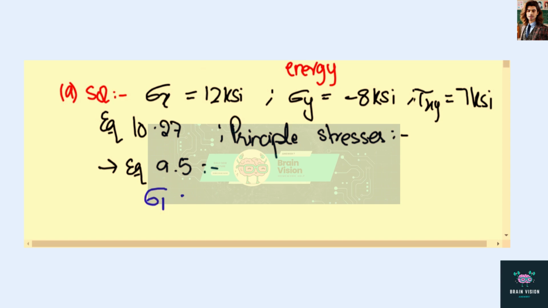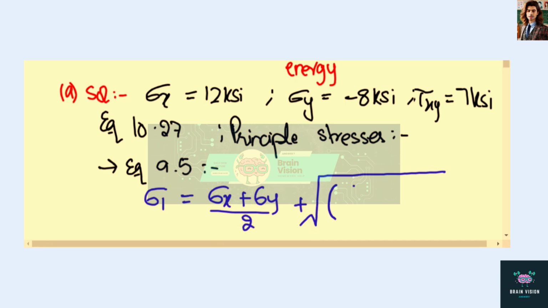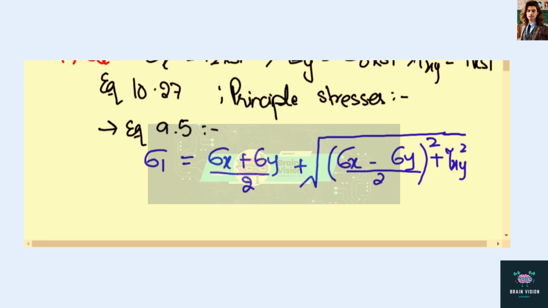We have sigma sub 1 equal to (sigma sub x plus sigma sub y) divided by 2 plus the square root of ((sigma sub x minus sigma sub y) divided by 2) squared plus tau sub xy squared.